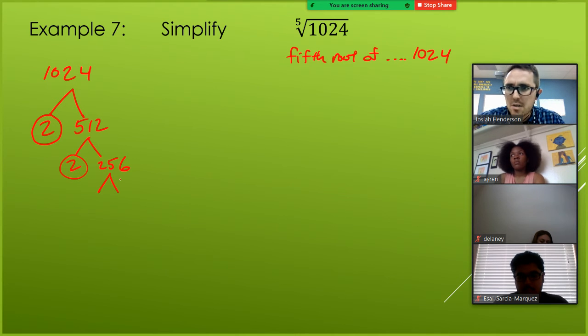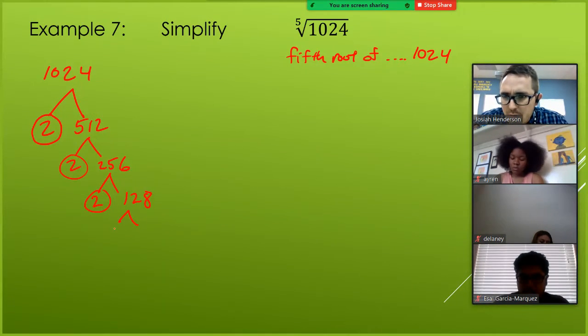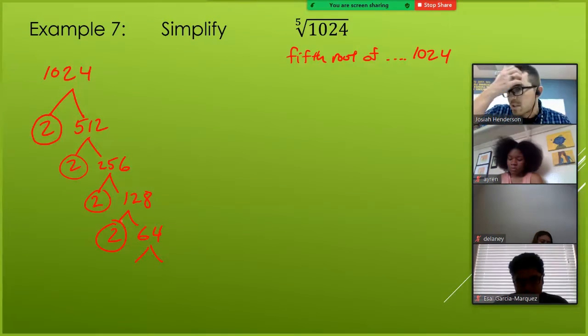Just keep dividing until you kind of run into the end of the road, when you get to numbers that are prime, that are only divisible by themselves and 1. So 256 divided by 2. Okay, that'll be 64. 2 times 64. And if you ever recognize another multiplication, you can feel free to divide it by something else other than 2.